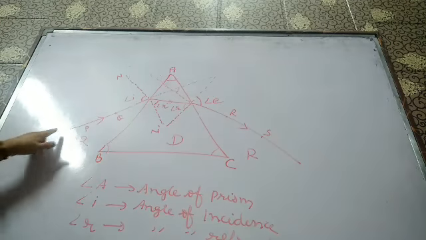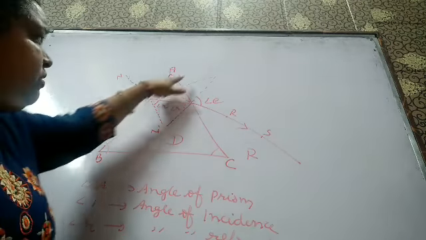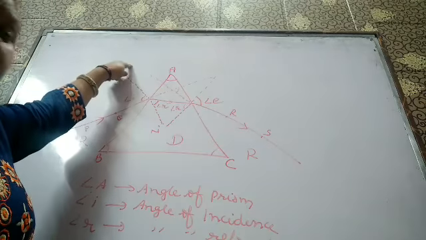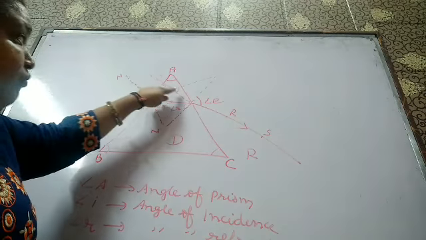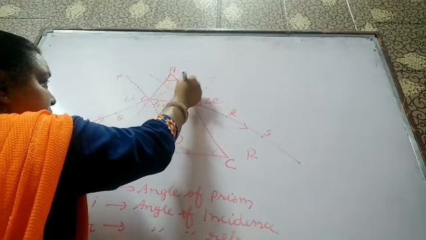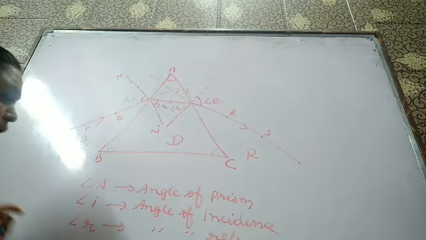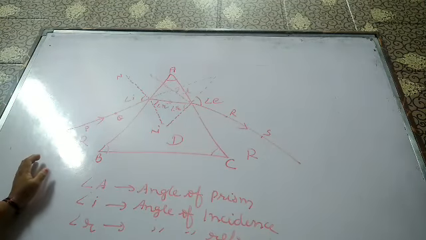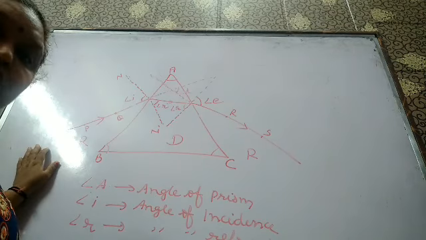So when we produce this incident ray and this emergent ray, we get one angle in between, that is called the angle of deviation or angle D. I think this process is clear to you.